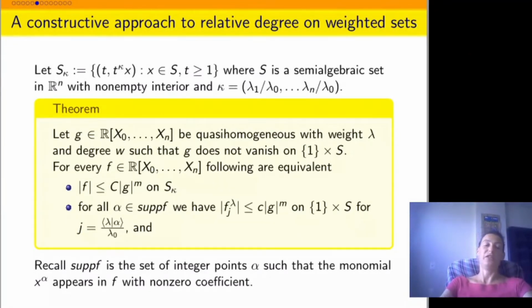So for all j's, and j's are given by such equality. And the rest of the condition is that lambda alpha, for alphas from the support, is less or equal than lambda 0 w times m. These two conditions are equivalent for any rational number m.